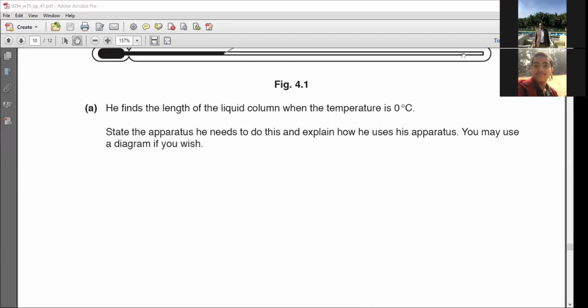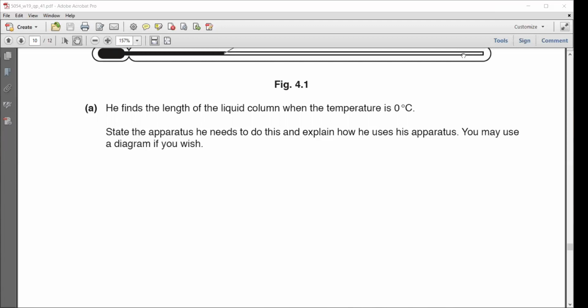So how you measure the length using the ruler, and you should give a symbol, or mark it somewhere where it is 0 degrees Celsius. Like if the level of the liquid is coming here, then it should be marked here as 0 degrees Celsius, isn't it? Otherwise after some time it will go, then you cannot find in which point it was. That's why you should mark it.